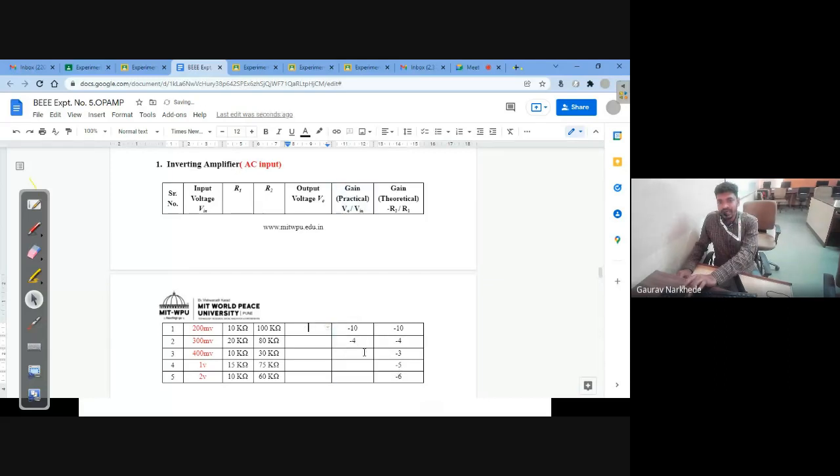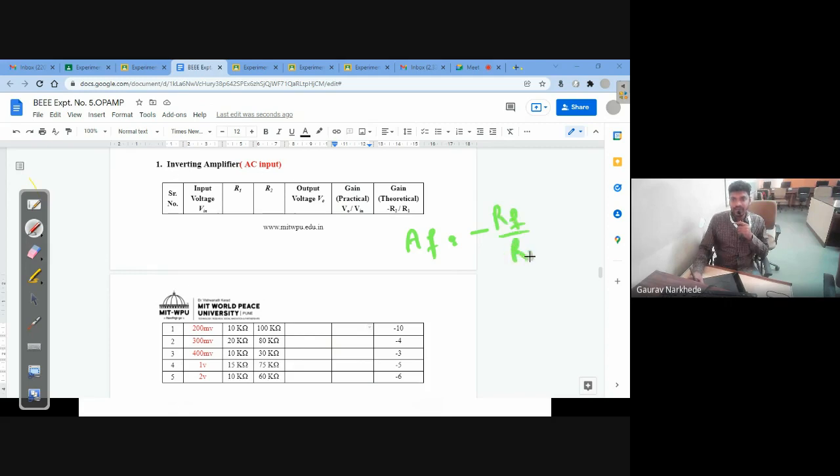Okay, and these are the values. So this is your inverting amplifier. So what is gain of the inverting amplifier? Can you tell me what is gain of inverting amplifier? AF is nothing but minus RF divided by RIN, right?